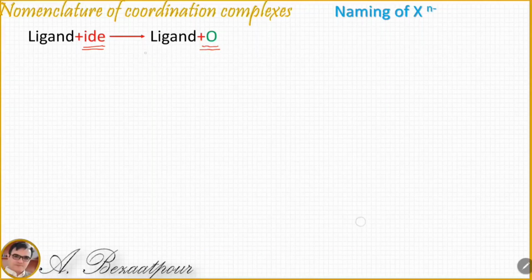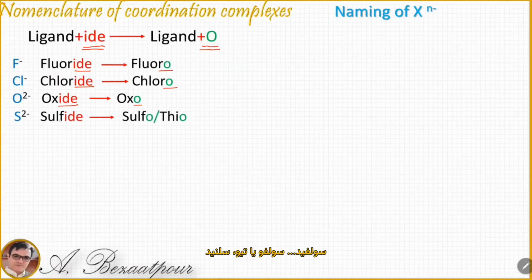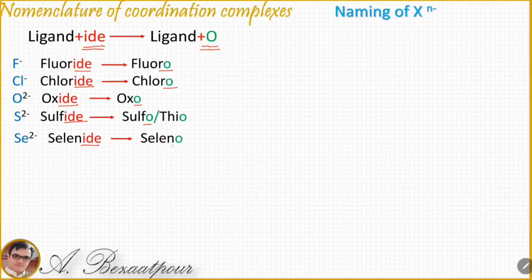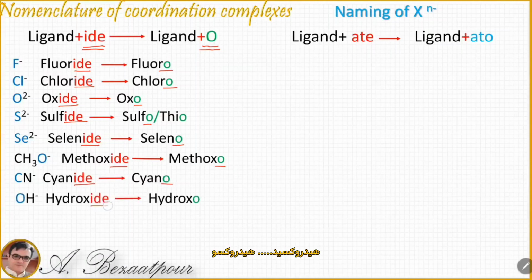For examples: fluoride, fluoro; chloride, chloro; oxide, oxo; sulfide, sulfo or thio; selenide, seleno; methoxide, methoxo; cyanide, cyano; hydroxide, hydroxo.